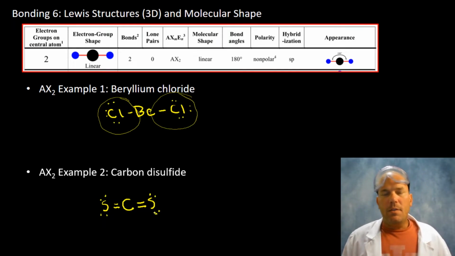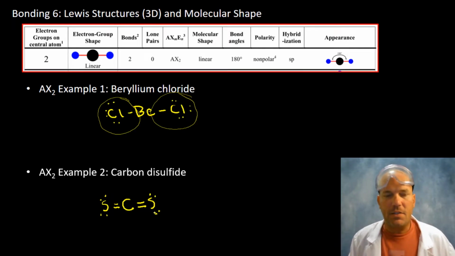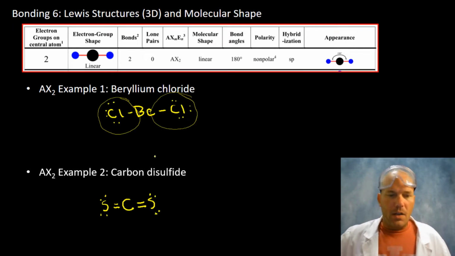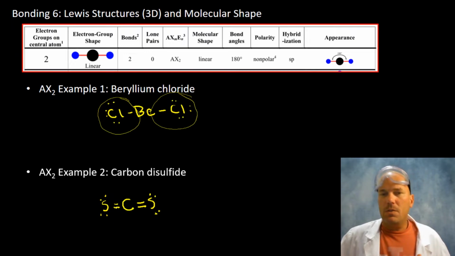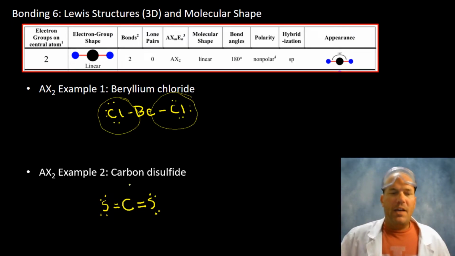Notice again, the most electronegative species are on the outside of the structure. The least electronegative are placed in the center, okay? When you go through here and look at this structure, you'll find that formal charges are equal to 0. This is the structure for carbon disulfide.